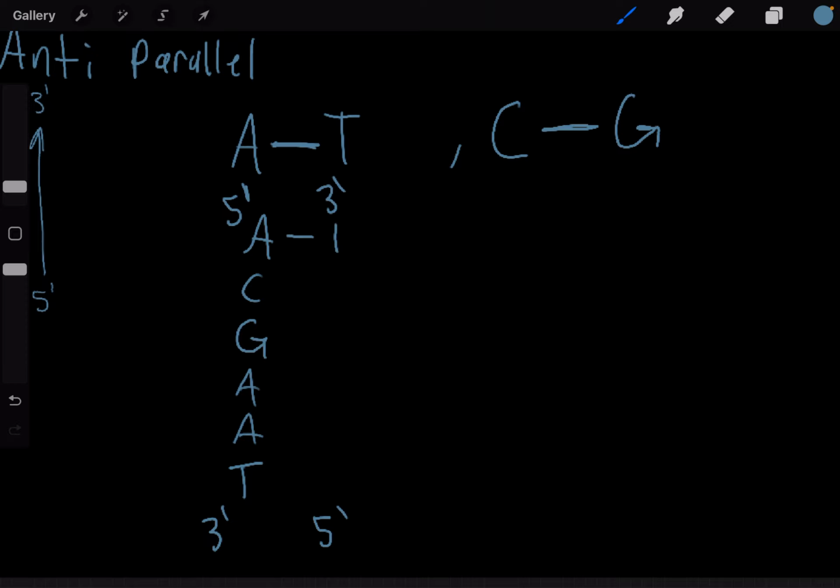A will go with T, C will go with G, G will go with C, A with T, T with A. So adenine with thymine, cytosine with guanine, guanine with cytosine, and it just keeps going down in an antiparallel manner.